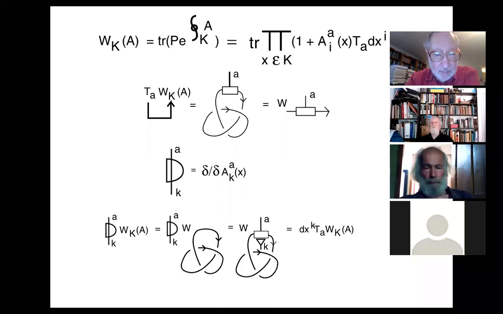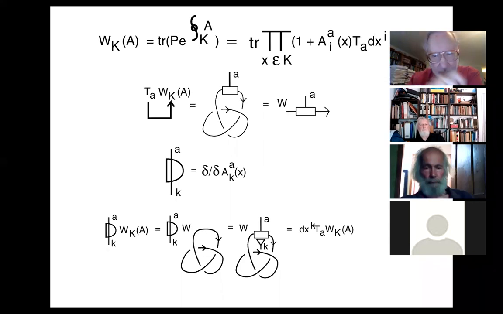I'm making up some symbols, you'll notice. The Lie algebra element is symbolized by a little box with an upper index. The derivative with respect to A upper a sub k of x, one variable for each one of those, is written D upper a lower k, and the x is hidden. Then I can ask, what would it be like to differentiate a Wilson loop?